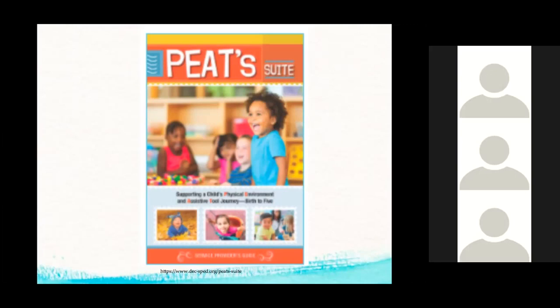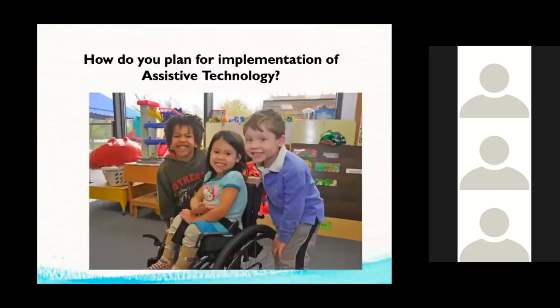There's a funny looking little paper, sort of a USB key, included in PETE Suite, and it has a lot of forms and resources. If you're interested in learning more about PETE Suite, particularly if you have a classroom or if you are working in early intervention, we have them in our libraries, and I believe every TTAC has one. You can check them out and see what resources are there to help your team make those decisions.